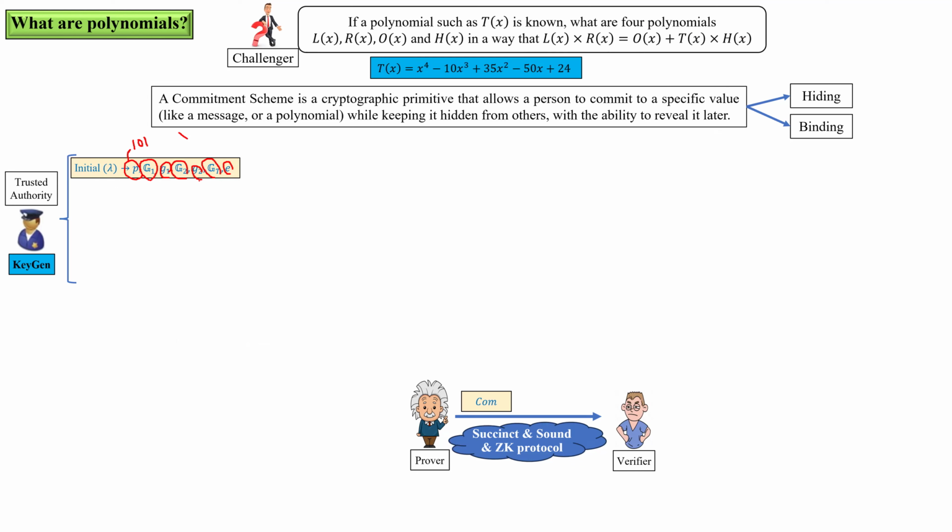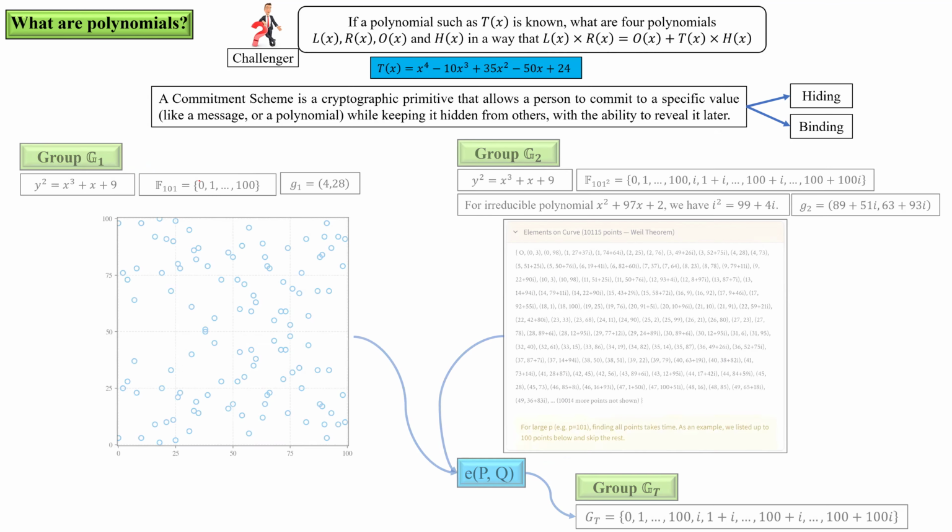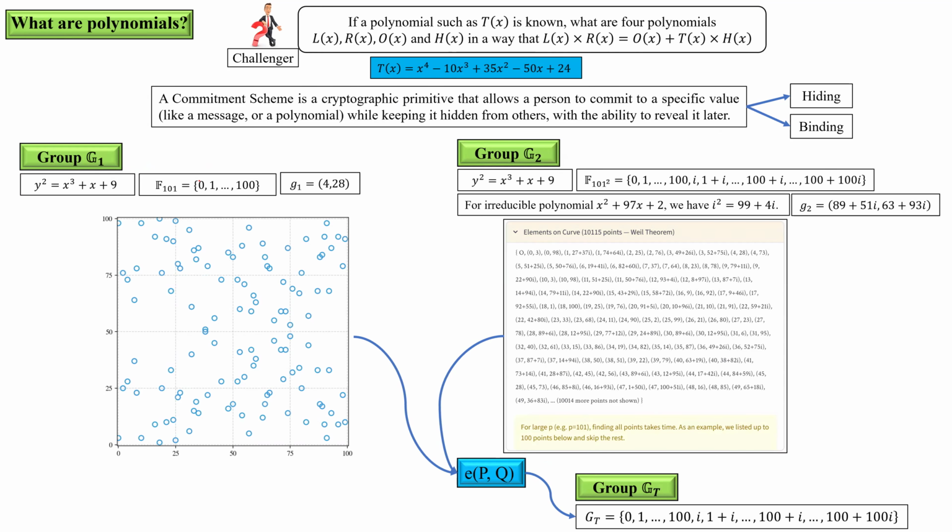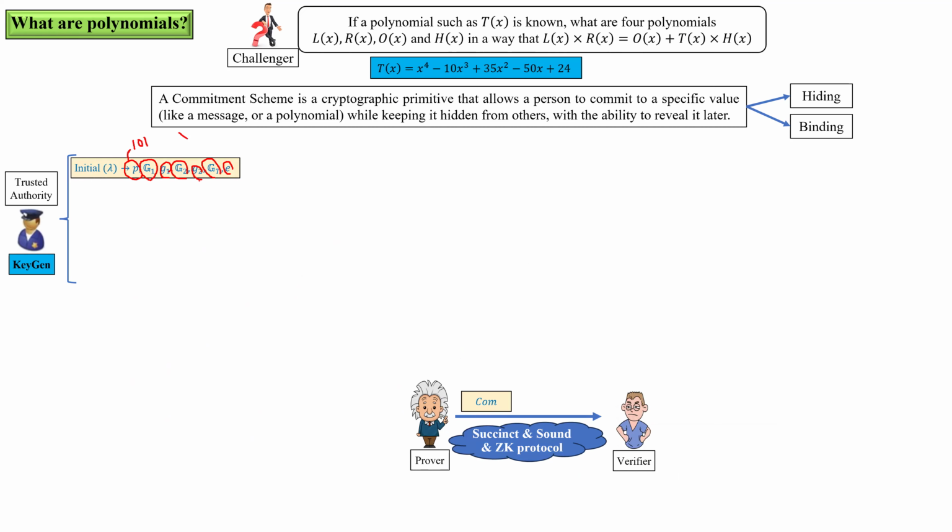These are the G1 and G2 from the previous slide. So these values, G1 and G2 with the generators and the Weil pairing function that we discussed, all of that computation and knowledge are picked and chosen by the trusted authority here in the key generation algorithm.